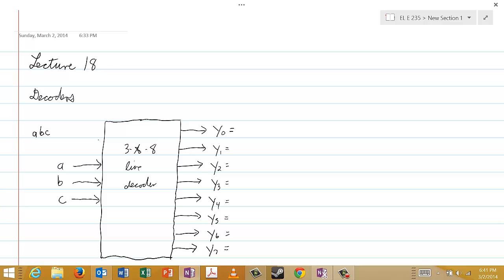Well, since Y0 is equal to 1 when A is equal to 0 and B is equal to 0 and C is equal to 0, the correct expression for that is A prime, B prime, C prime. Y1 is equal to 1 when A and B are both 0 but C is equal to 1. So this should be A prime, B prime, C.